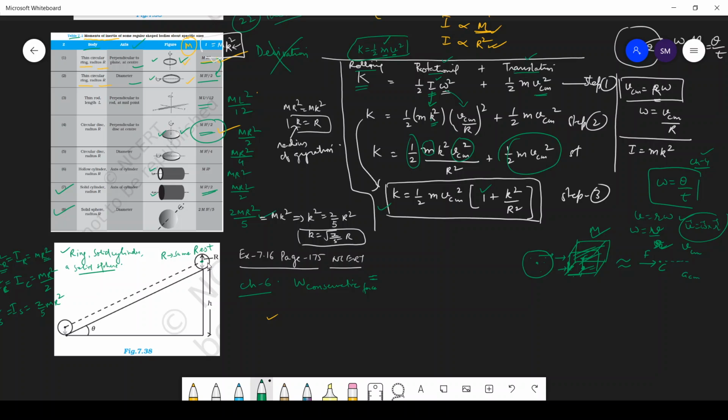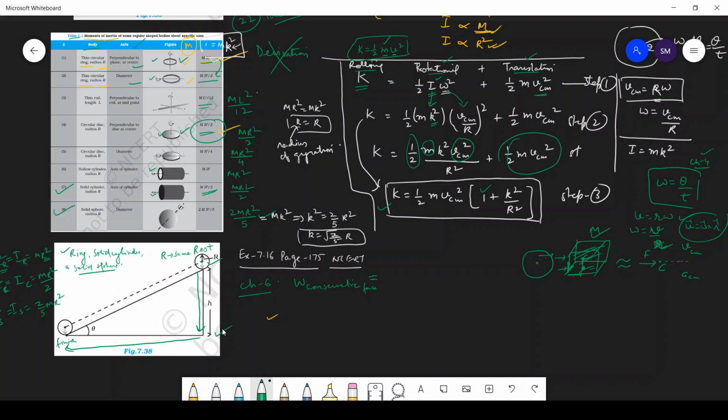So what is the initial position? The body starts rolling from here and reaches here, this is the finishing line. You can also bring the body from here to here and then from here to here. The total work done by the gravitational force will be the same in both cases.